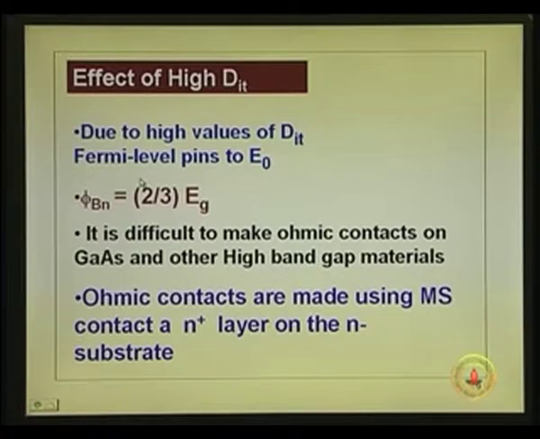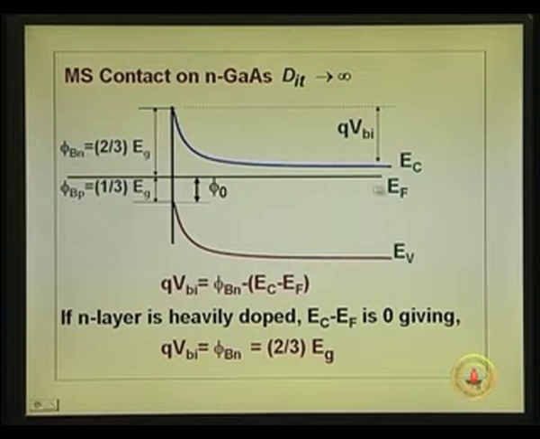So, now reiterating what we said, due to high values of DIT, the Fermi level pins to E naught. See, what has happened now is the Fermi level has gone and locked on to that E naught level. When you say the high value of DIT makes this quantity equal to phi naught, what it means is that Ef has aligned with respect to E naught.